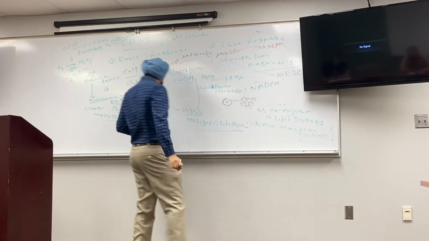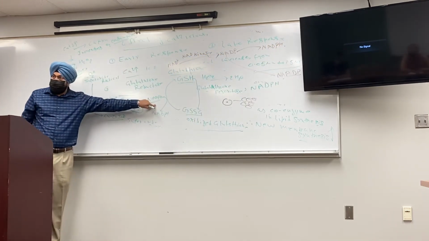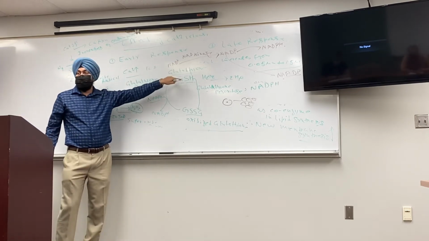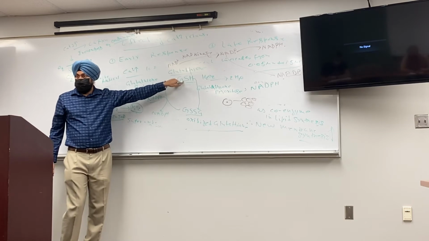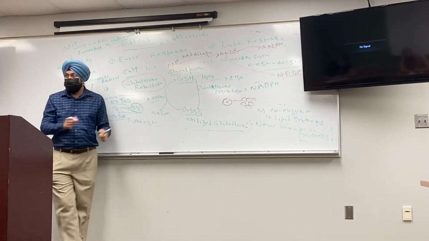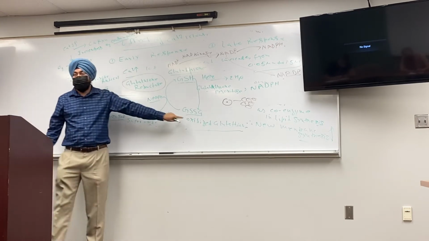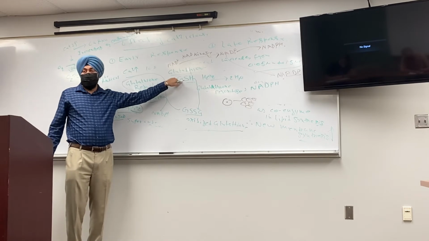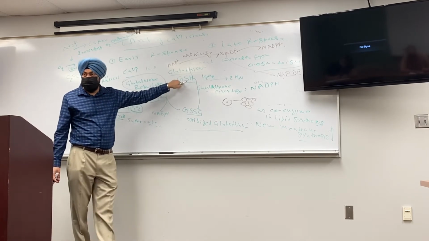And we are saying NADPH is required to maintain the concentration of glutathione in the cell, because it is going to help the enzyme glutathione reductase convert this oxidized glutathione into the reduced form, or the normal form, of glutathione.